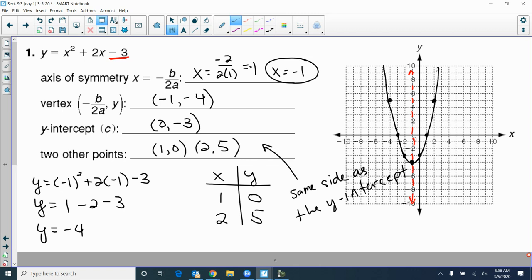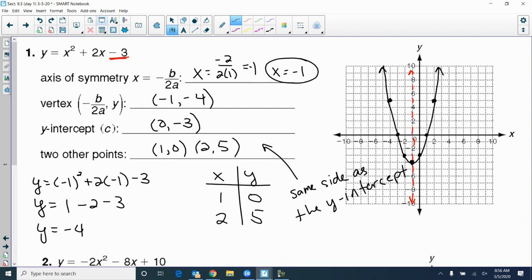Okay, and that's what it should look like. Nice and smoothly. Make sure it goes past the highest point. Make sure you draw arrows on it. Those are all the answers to the equation. All right, now that, we good? Okay. All right, that second one.